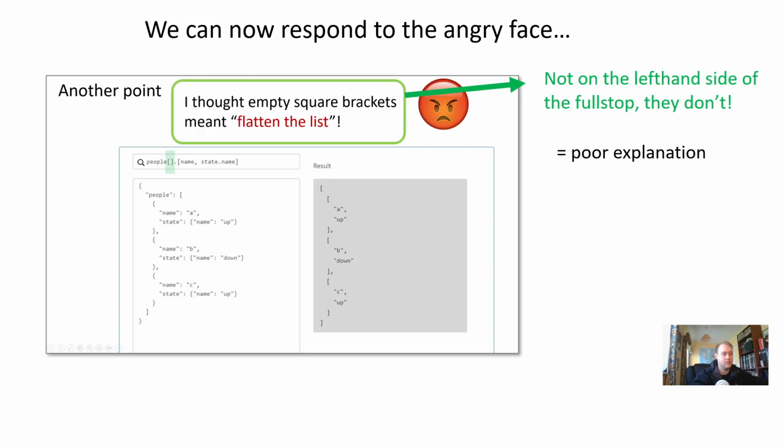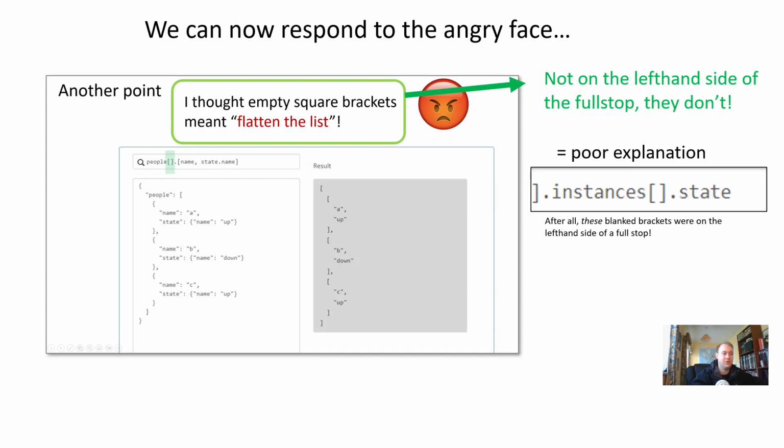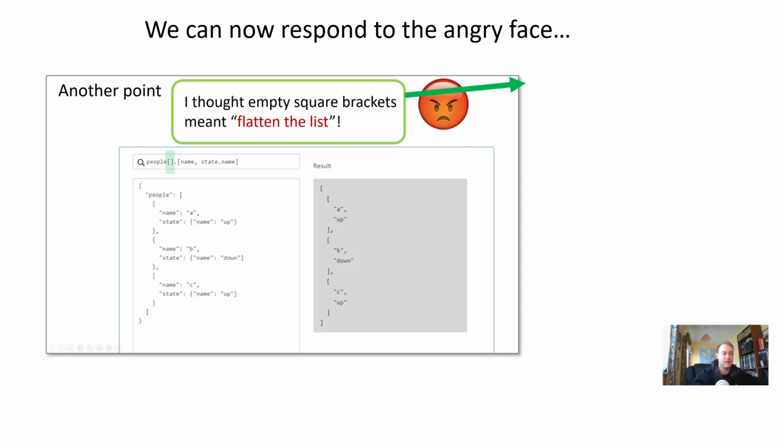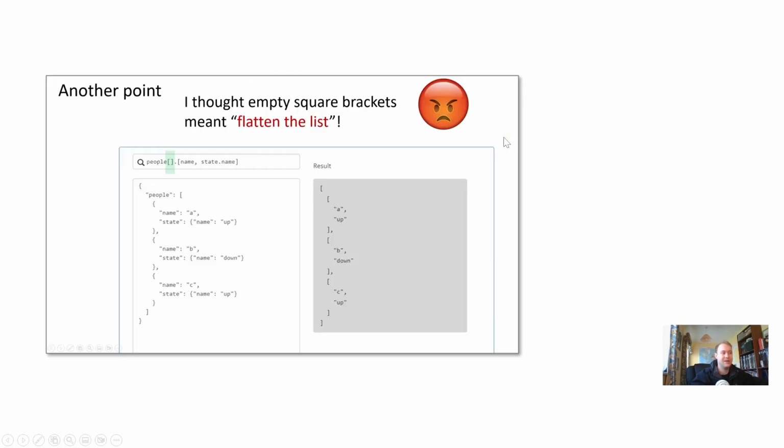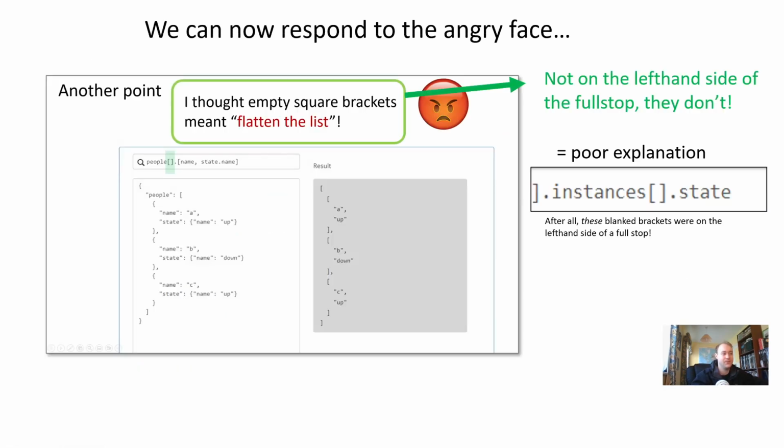But that's not a very good explanation, is it? After all, the square brackets on the right hand side were on the left hand side of a full stop, and when we removed that asterisk, it was effective. So we can't just say this is to the left of a full stop, we've got to go a bit deeper than that. That's very superficial, isn't it?